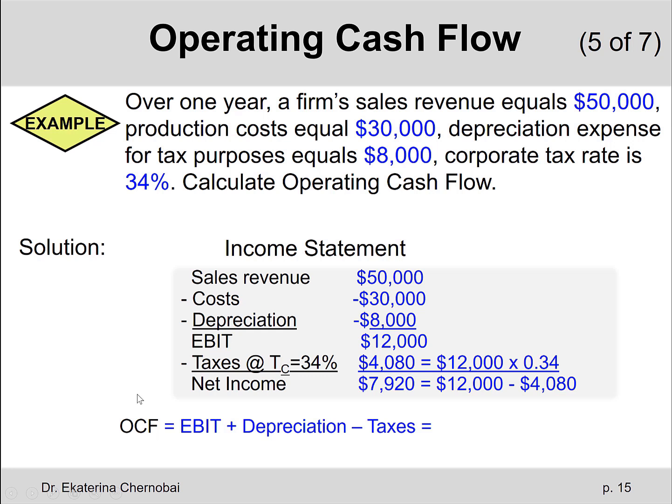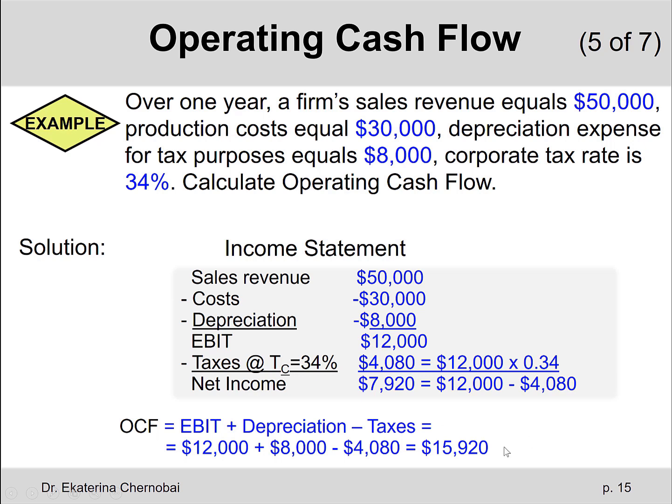Now, how do you find the operating cash flow? Following the formula from the previous slide, we take EBIT, which is $12,000, we add depreciation back, so plus $8,000. And then we subtract taxes, minus $4,080. This gives us $15,920.